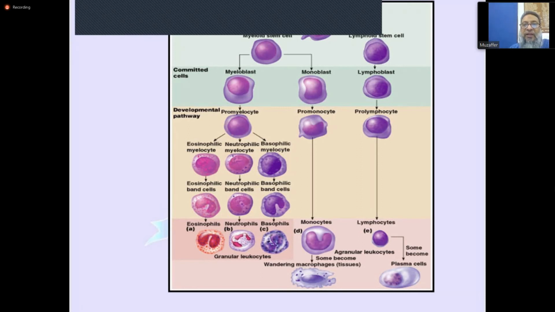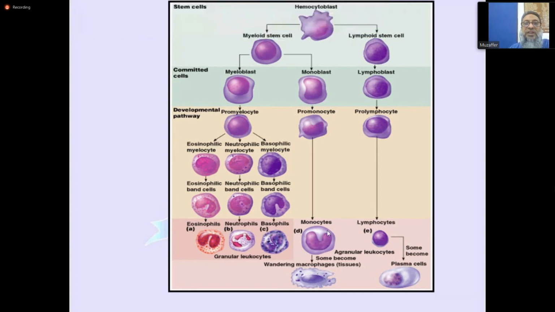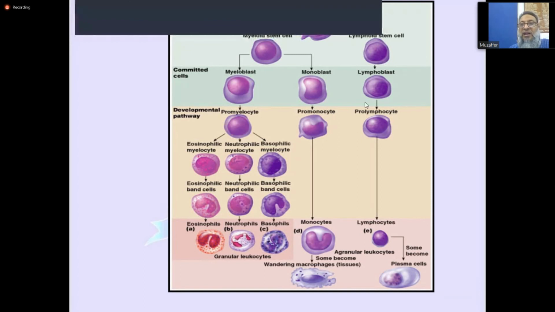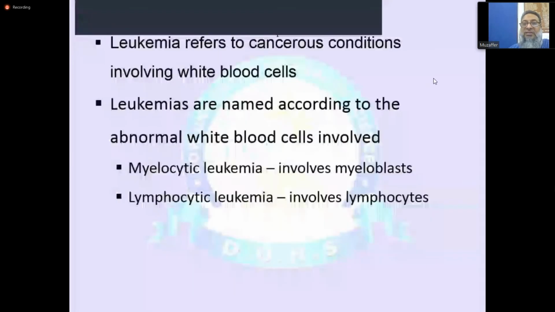Okay, so this is the normal production of white blood cells.